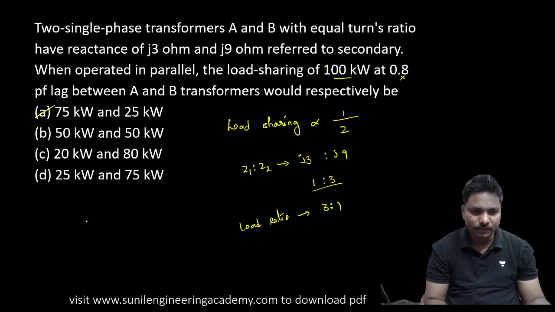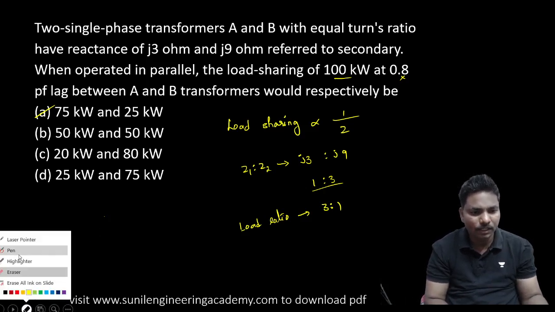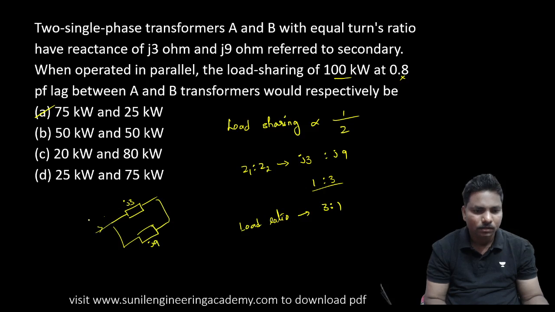Clear? For example, if you have two resistances or two reactances connected, how is the current divided? Inversely proportional to that, no? Example, here one reactance is J3 and the other reactance is J9. How is the current divided? Current in J9 is equal to the total current into the opposite by the total.